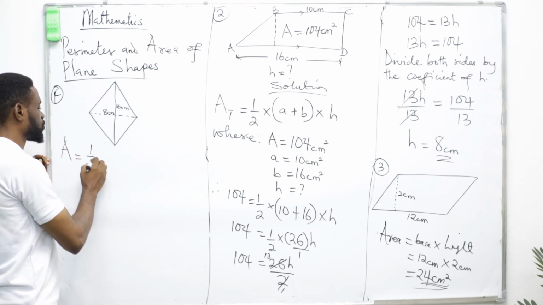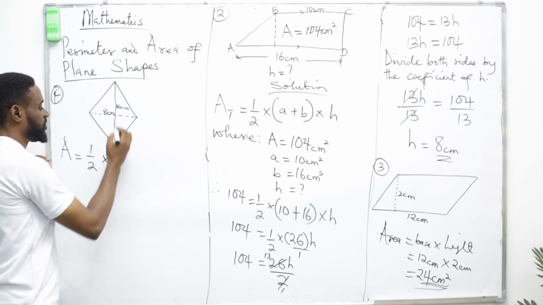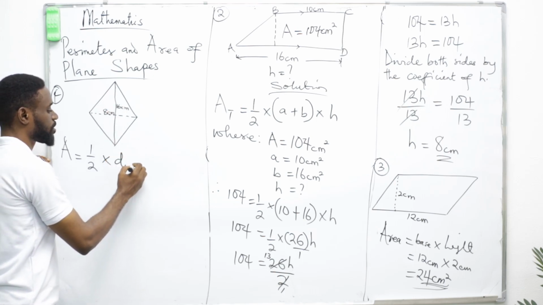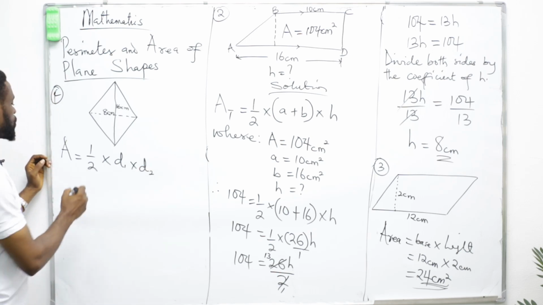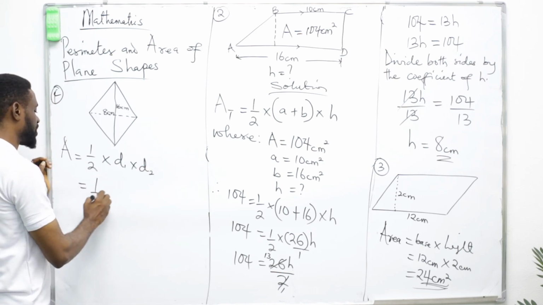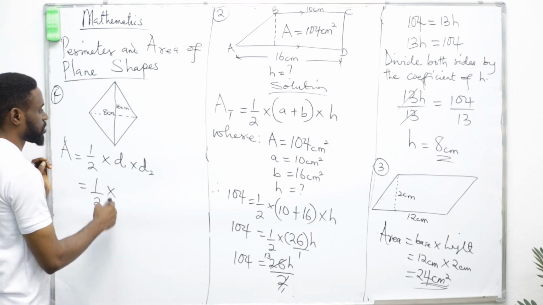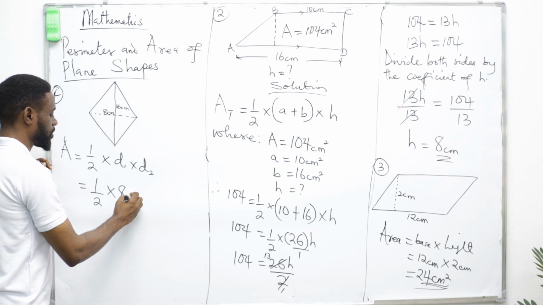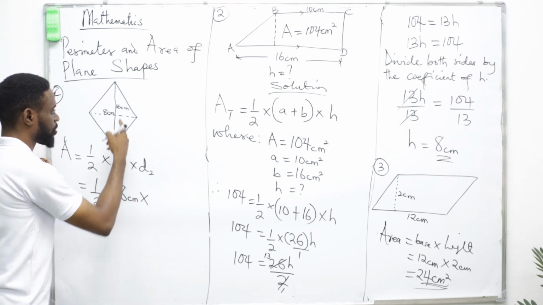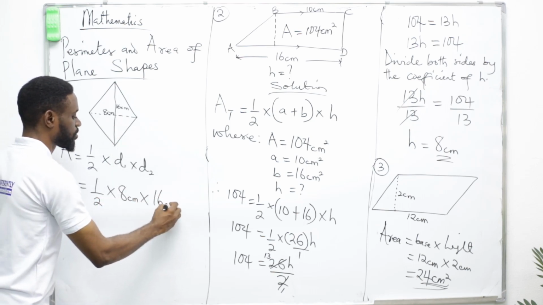Area is 1/2 times the first diagonal, diagonal 1, times diagonal 2. Simple. So what that means is 1/2 times diagonal 1, which is 8 cm, times diagonal 2, 16 cm.